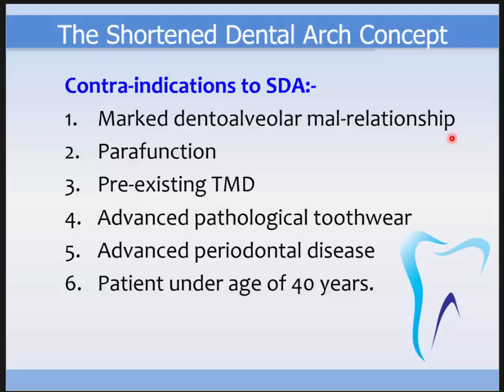Advanced pathological tooth wear, as we just mentioned with tooth surface loss. Advanced periodontal disease, where you have reduced bone support. For your anteriors, you already have reduced bone support and you don't have posterior teeth to provide posterior support. You further increase the occlusal load on your anterior teeth, and then it may cause more mobility of the anterior teeth.